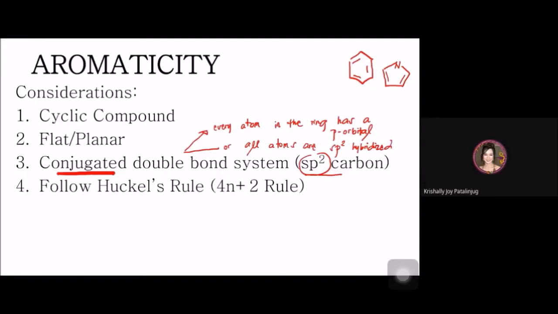If sp3 hybridized, automatically there is one more p orbital that is free, empty. Isn't it there are three p orbitals? If you recall, there are three p orbitals, because each p orbital will occupy 2 electrons.